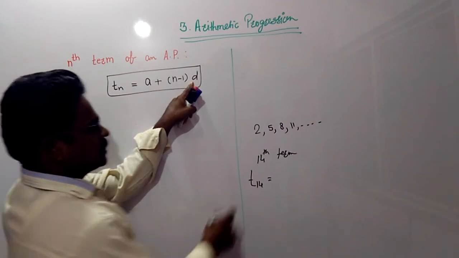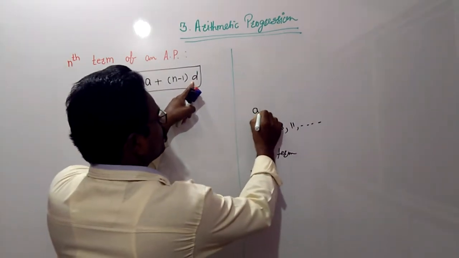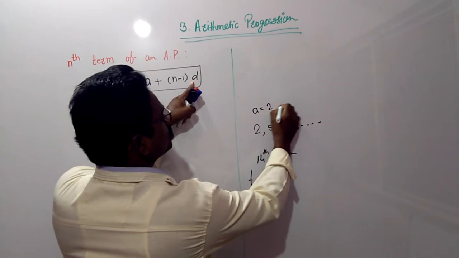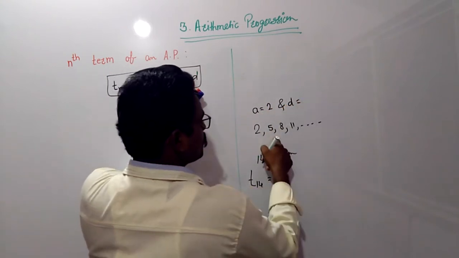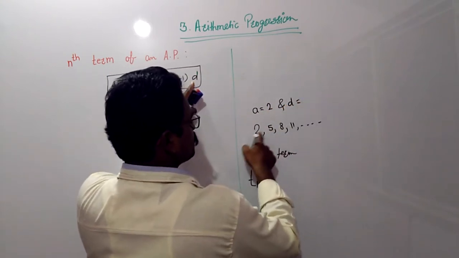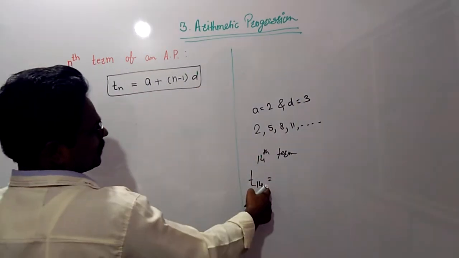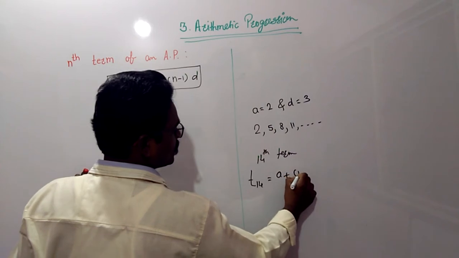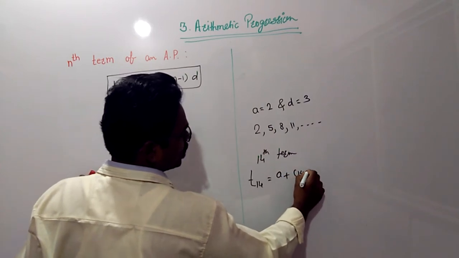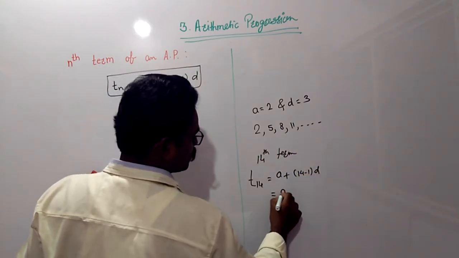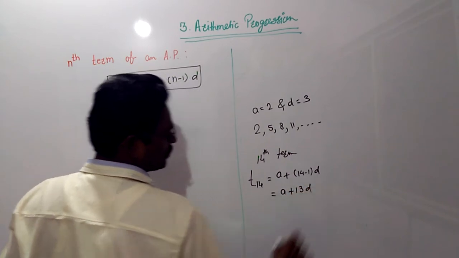So here how much is a? A is equal to the first term, which is 2, and d is equal to the difference between two consecutive terms. 5 minus 2 is 3. So T14 is equal to a plus 14 minus 1 into d. So it is equal to a plus 13d.